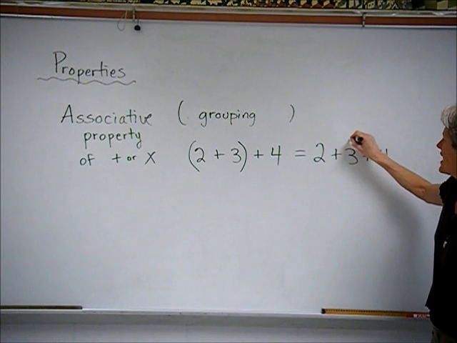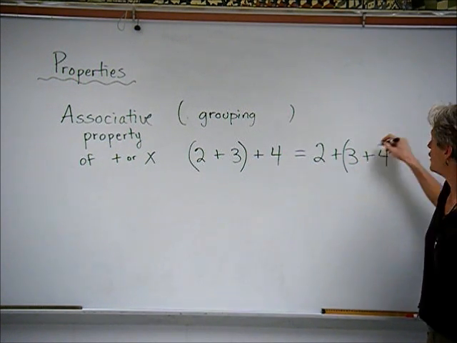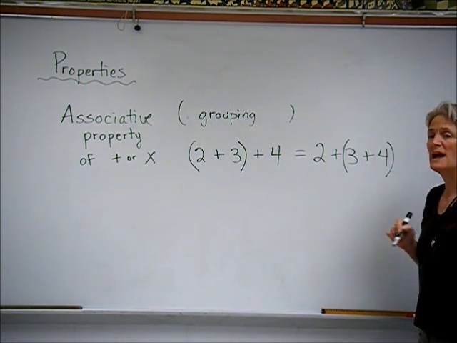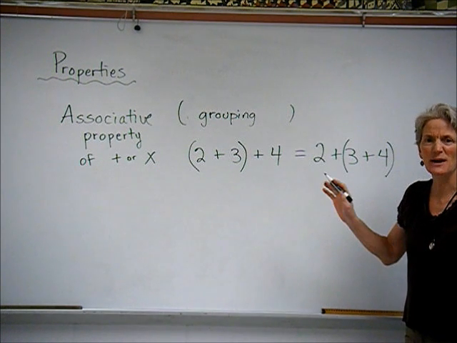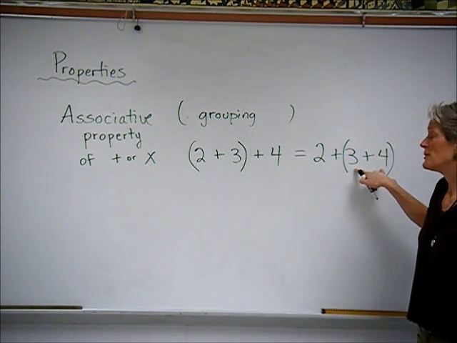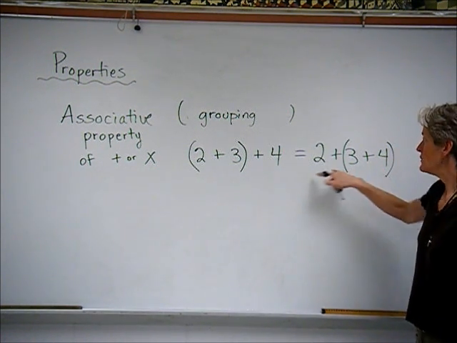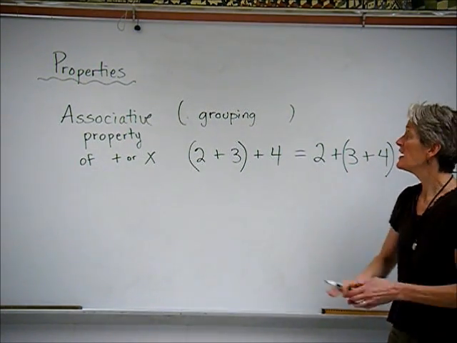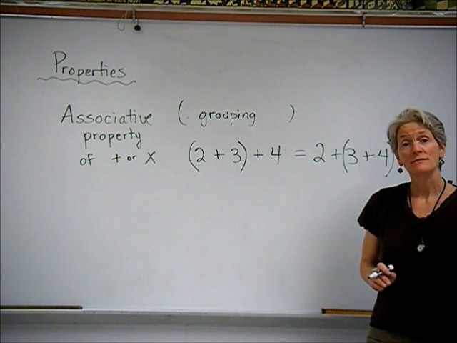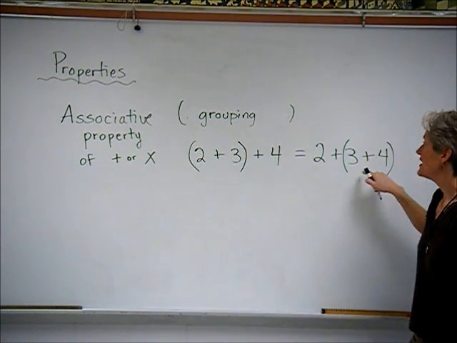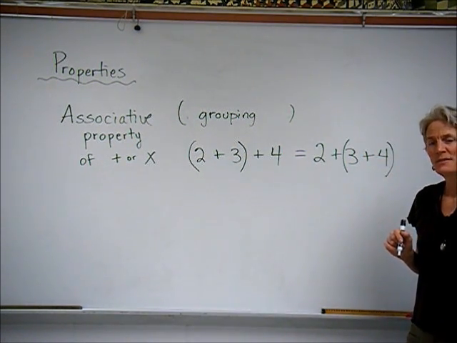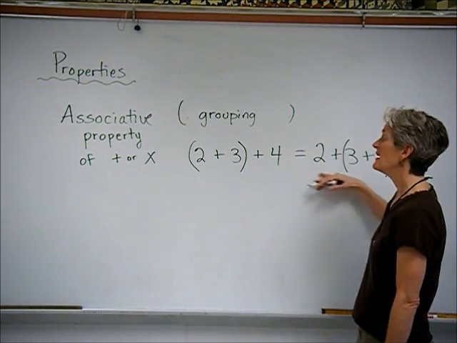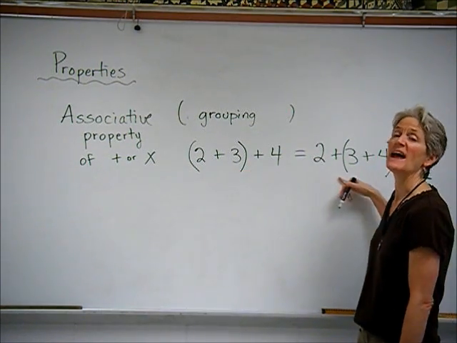How about if over here I feel like leaving poor little 2 out, but I want to group 3 and 4 together? Let's make sure I still get 9. 3 plus 4, that's 7, plus 2, hey, that's still 9. It doesn't make a difference if I group things in different ways when I'm adding. The associative property tells me that I can do this and it's okay.